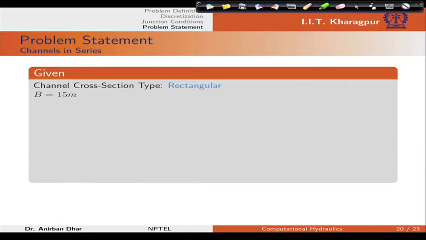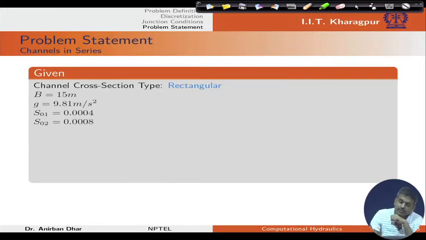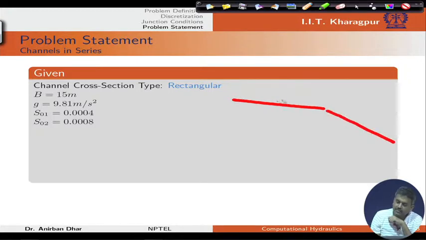So, let us say that the given information, first is channel cross section type is rectangular, B is 15 meters, G is 9.81 meter per second square, S naught 1 is 0.0004, S naught 2 is the bed slope for the second channel. So, obviously, in this case we are considering a milder channel in the upstream and a comparatively steeper channel in the downstream section.